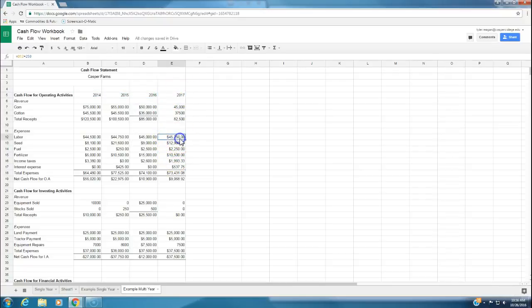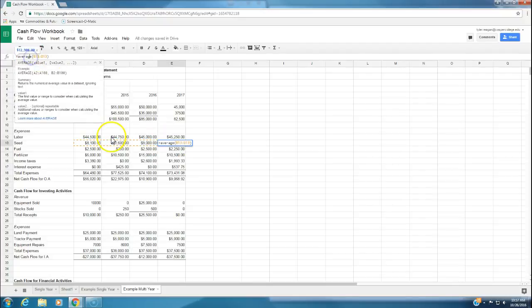And how sometimes you're going to use market trends, such as just adding $250 to the labor bill, or taking the cost of fuel, multiplying it by 0.9 because of a 10% drop in fuel cost expected to be next year. Or you can just use simple averages to find the expected cost of a particular expense.